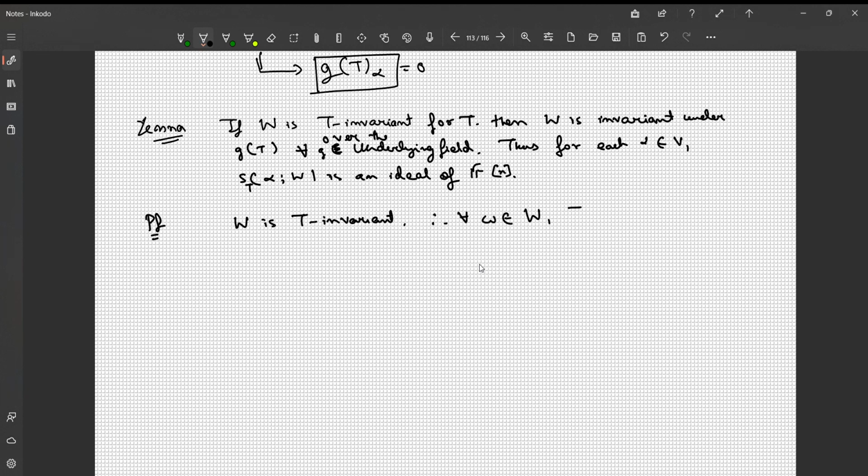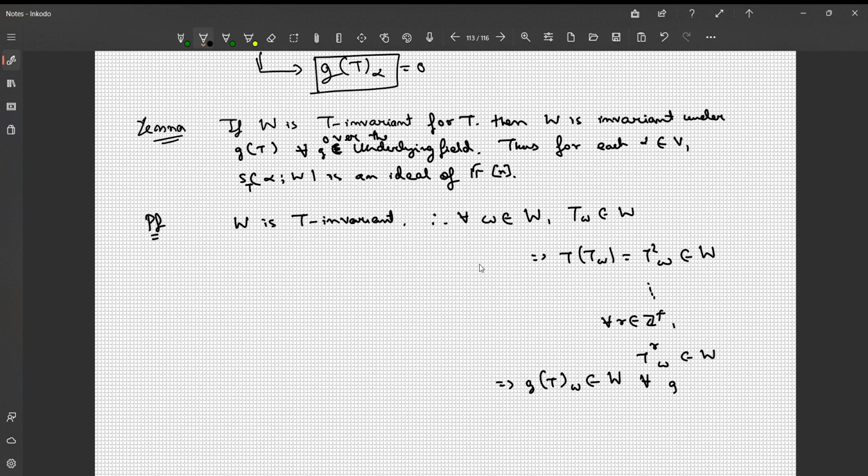Therefore, for all elements w in W, T(w) is in W. But that implies T(T(w)), which is T squared of w, is also in W. If you proceed inductively, then for all positive integers r, T to the power r of w is still inside W. So this implies g(T) of w is inside W for all g belonging to F[x], because you can just take the linear combination of each of these elements.